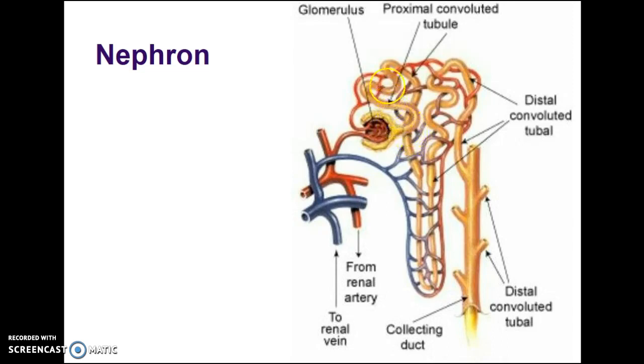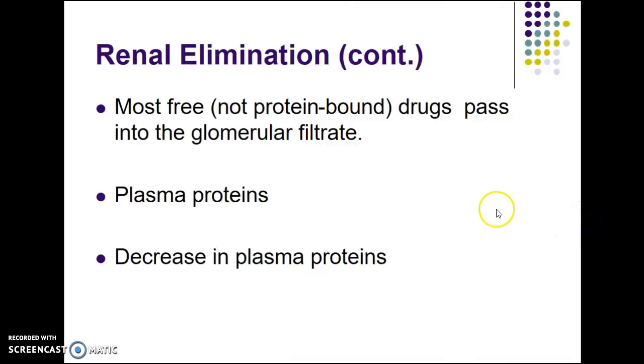And things that we've filtered, this is the glomerular filtrate, into the renal tubules, if they go back via one of these mechanisms into the blood vessels, that is called reabsorption. So that's kind of the basic setup here.